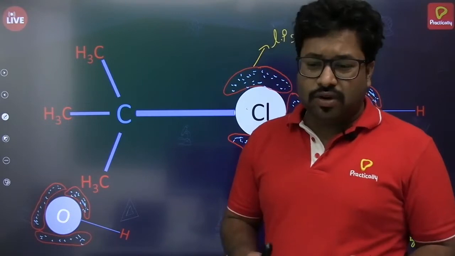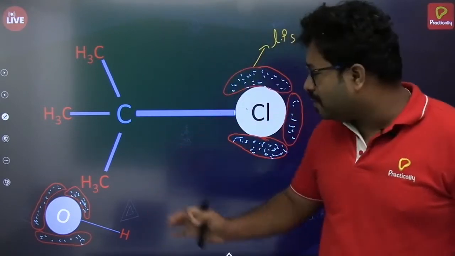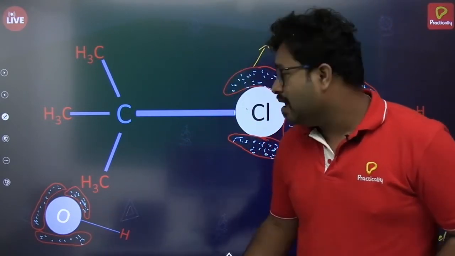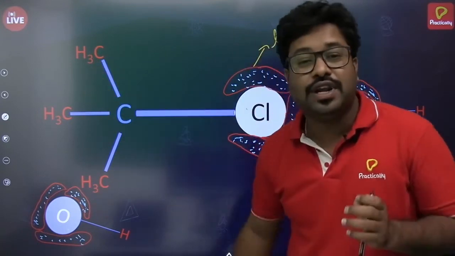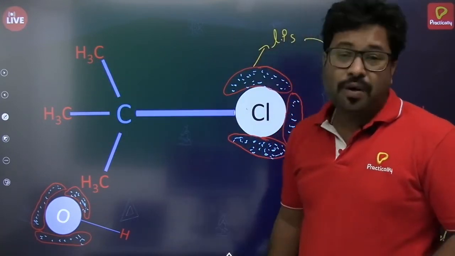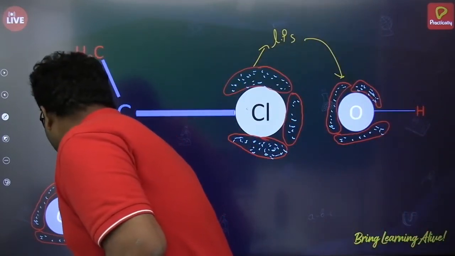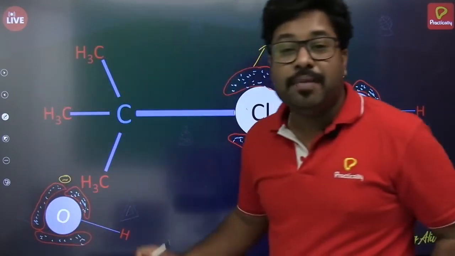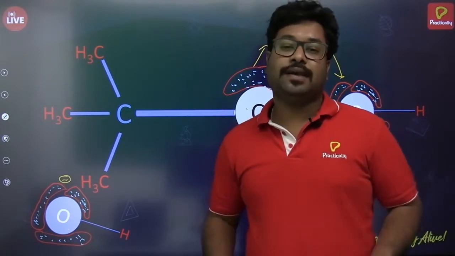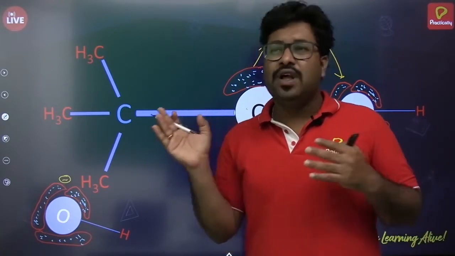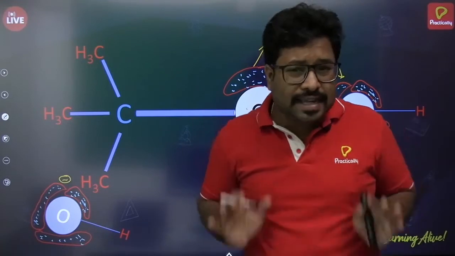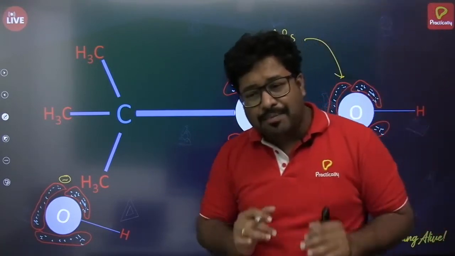There it was pretty easy to attack from the back side, because instead of this methyl, there was only hydrogen. So there was no steric hindrance felt by the oxygen from the back side, and that is how the inversion happens. We had already seen that.